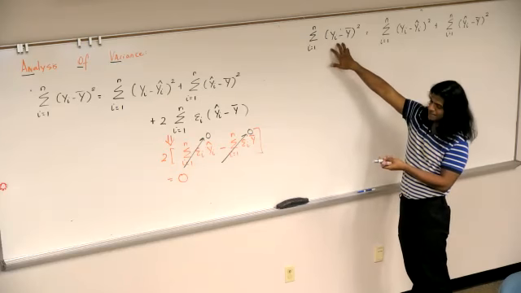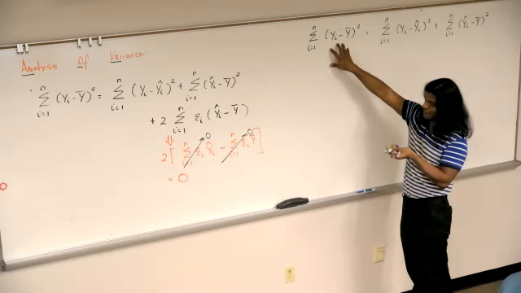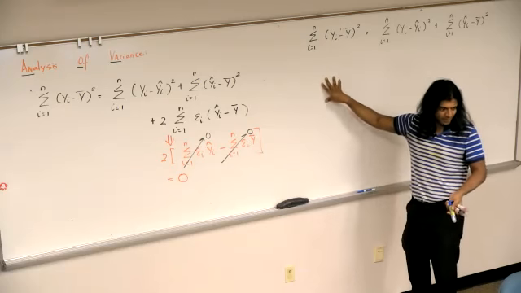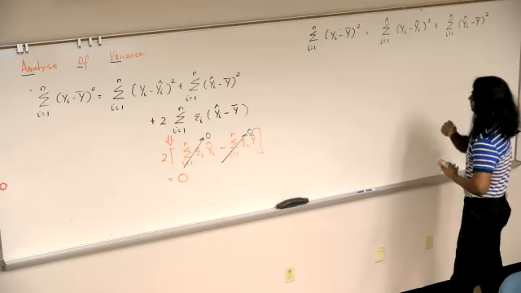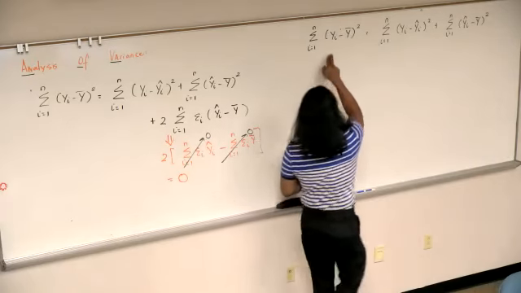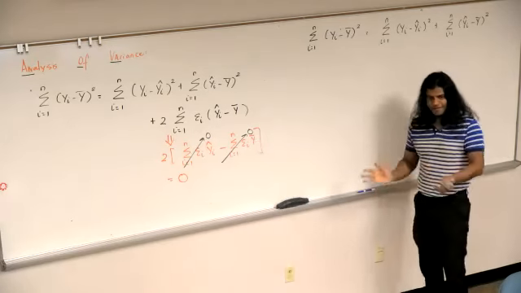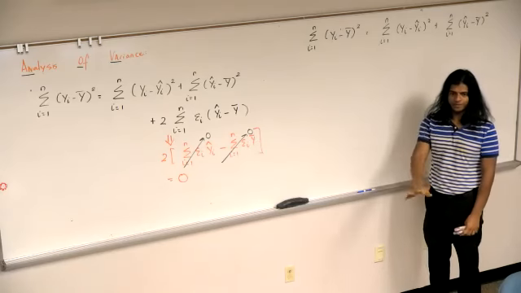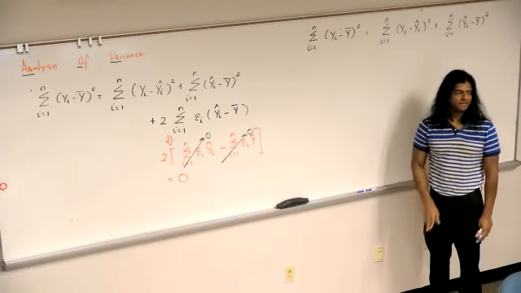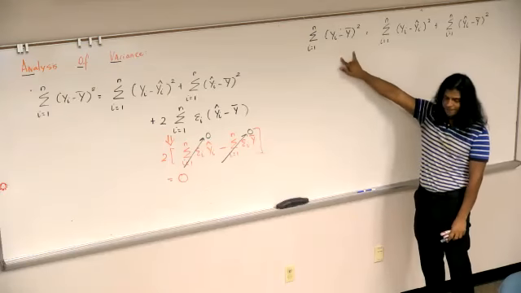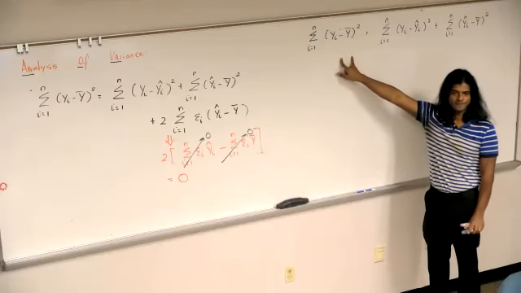So the numerator is the sum of squares, the denominator is degrees of freedom. You simply end up getting the variance. I took whatever net variance that I have, that is the variance in y, do we agree? So if I divide that by n minus 1, that'll be the variance of y.